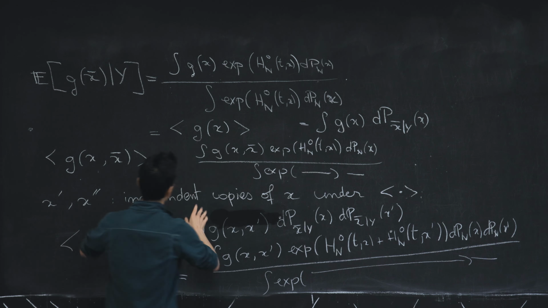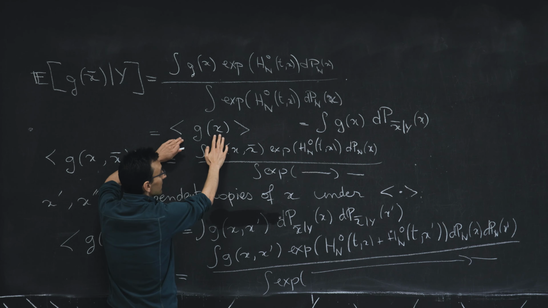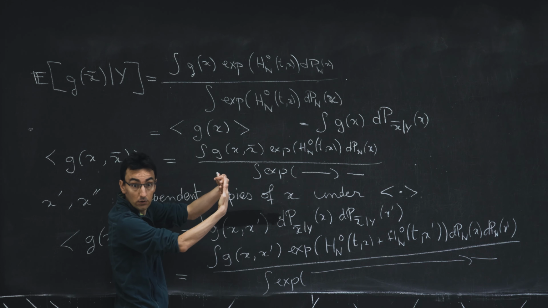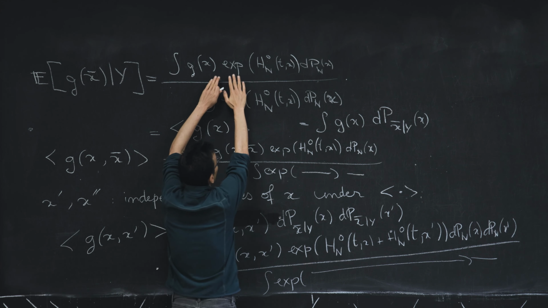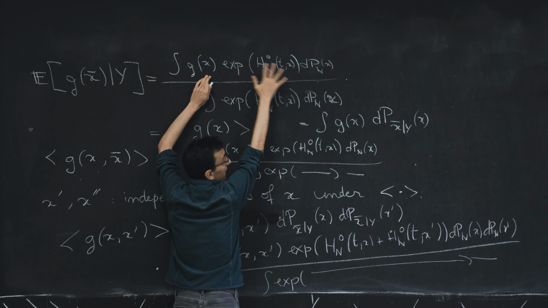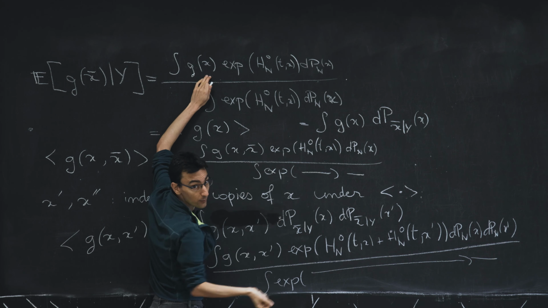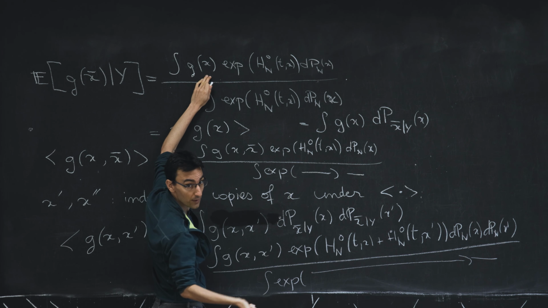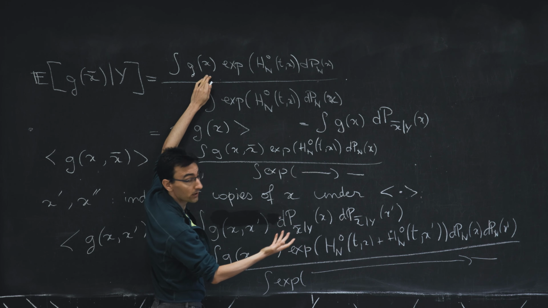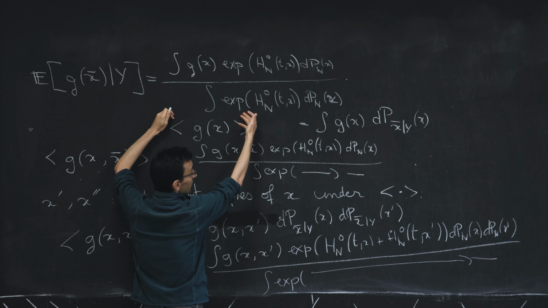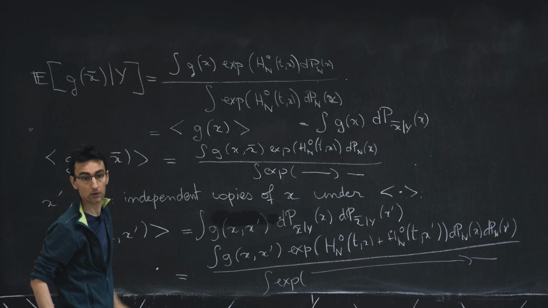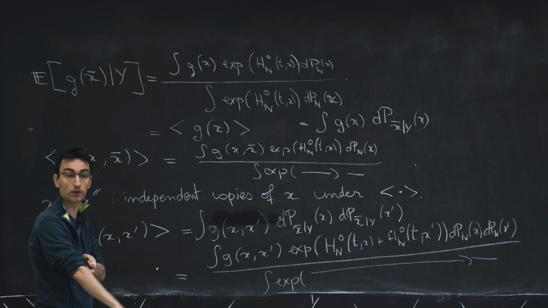So, when I write this, I mean that you can define a probability measure, whose density is given like so. And I can sample random variables according to this new probability measure, and call them x and x prime and x double prime. And I can average them under this bracket thing. That's what I really mean, and it is consistent with the integral expression.